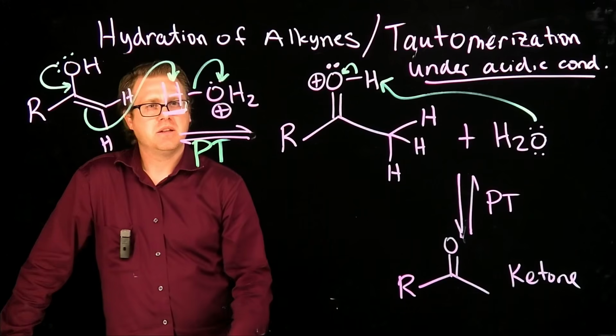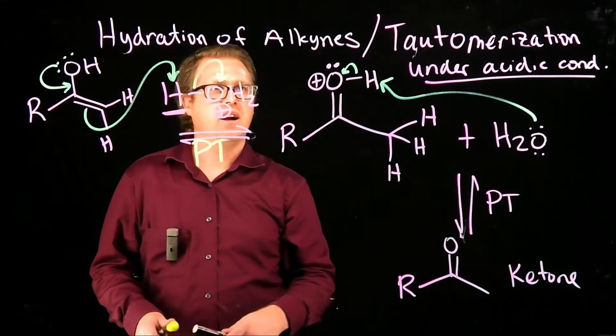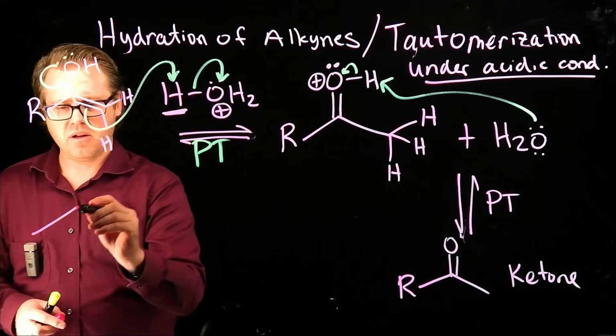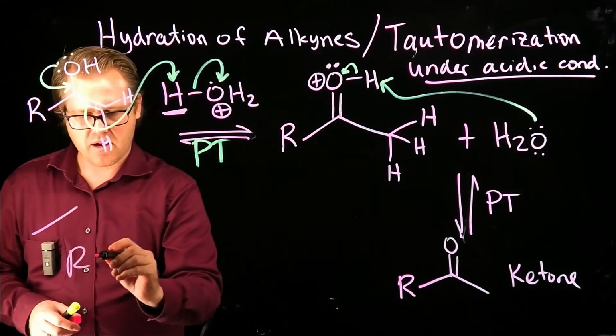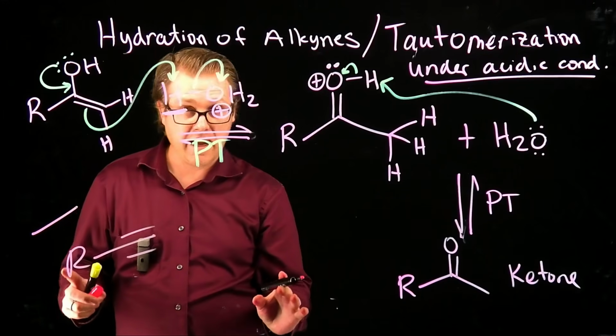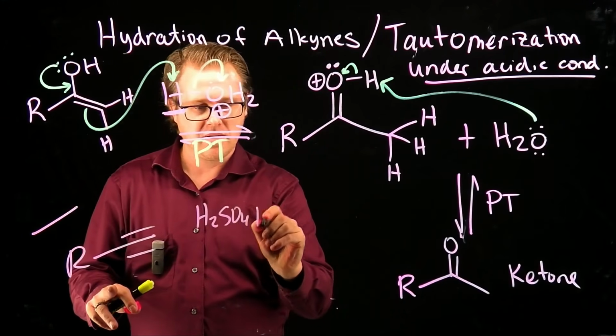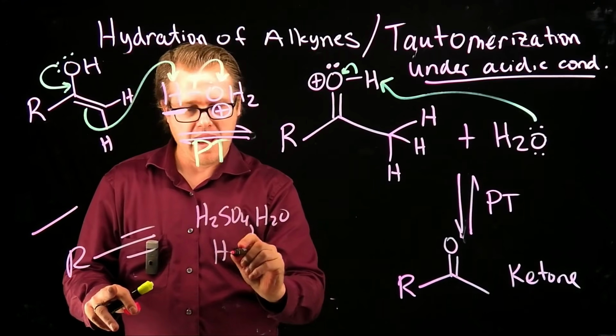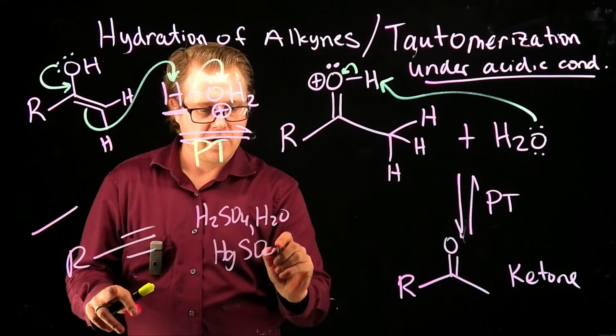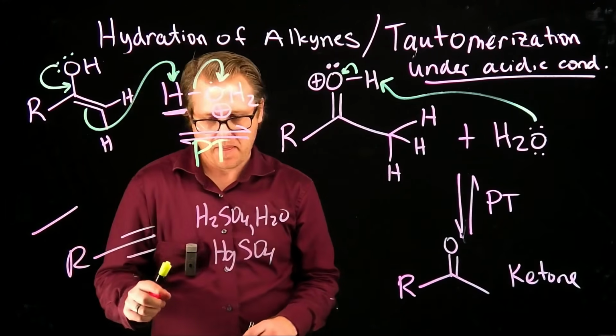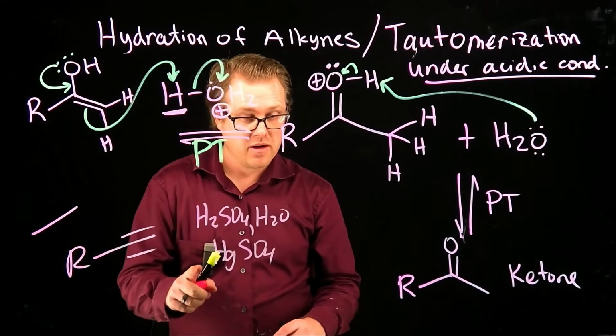All right. So in this reaction, hydration of alkynes, what did we do? We had, let's draw it like this, an alkyne. We treated it with sulfuric acid, some water, and some mercury sulfate, right? And where did the water go?